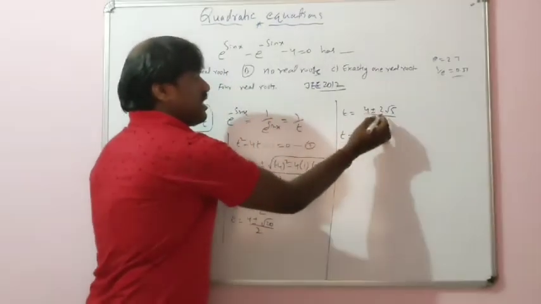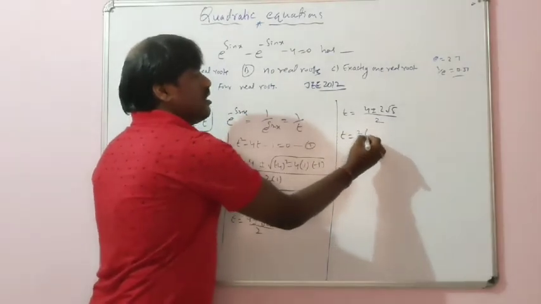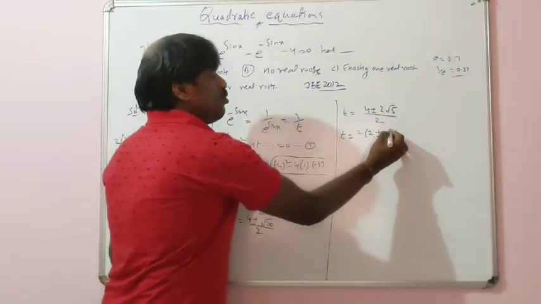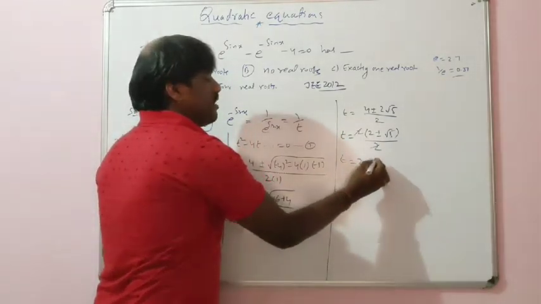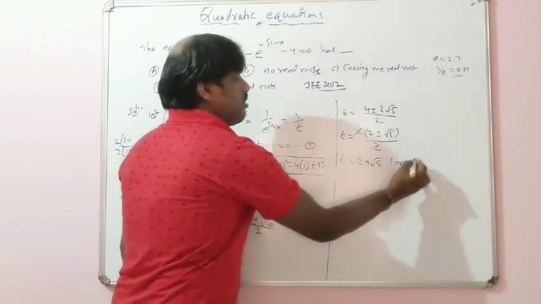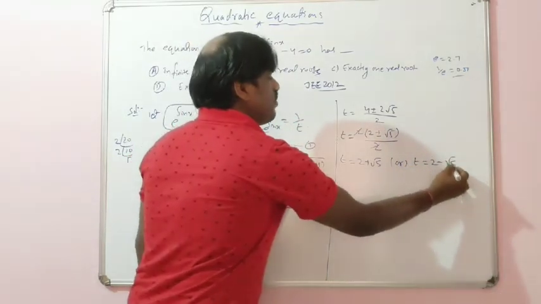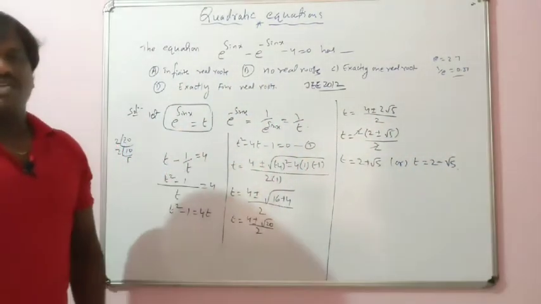From the above, if I take 2 common, it is 2 plus or minus root 5 by 2. So 2 cancels. So the t value I am getting is 2 plus root 5 or 2 minus root 5. This is what I got as the t value.